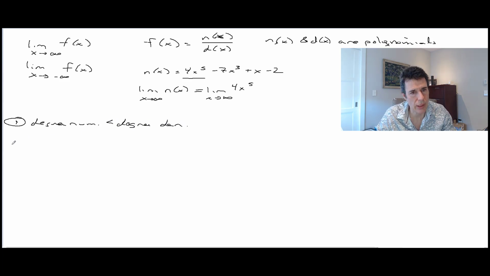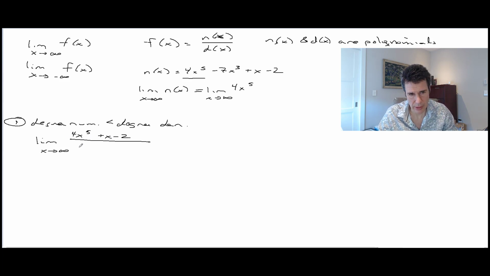So let's just do an example, and it will show us how to solve these sorts of problems. So we're going to do the limit as x goes to infinity of, let's choose a slightly easier one, so I don't have to keep writing it down. 4x to the fifth plus x minus 2 over, and the degree of the numerator is less than the degree of the denominator, so we've got a fifth up here.